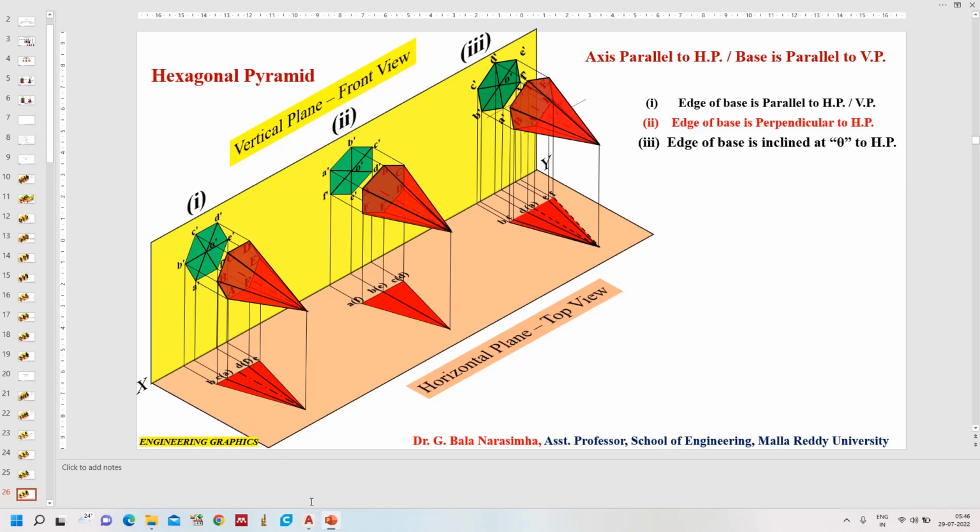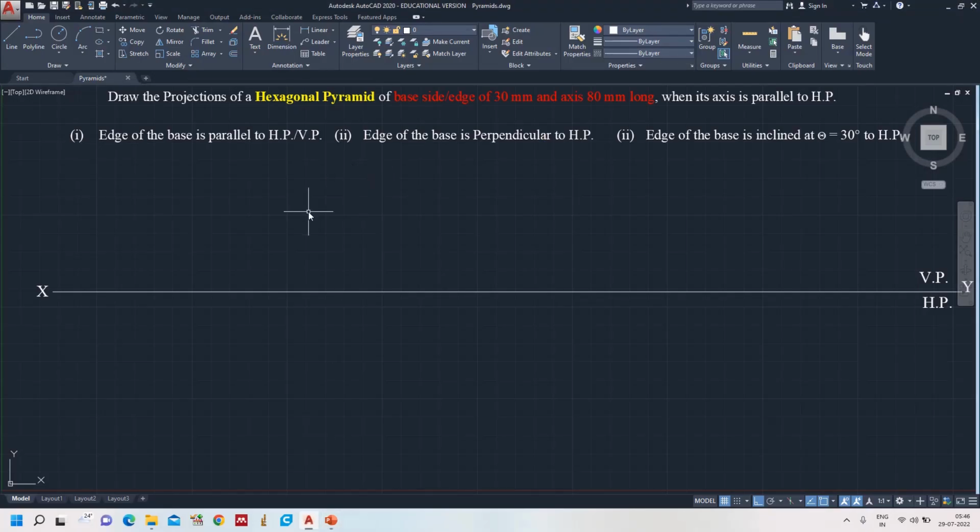So first I am going to draw the same here. Polygon, number of sides 6, edge method. Switch on the ortho. Okay, ortho is there. I am giving the notations.